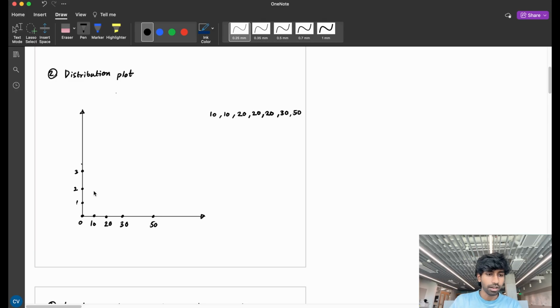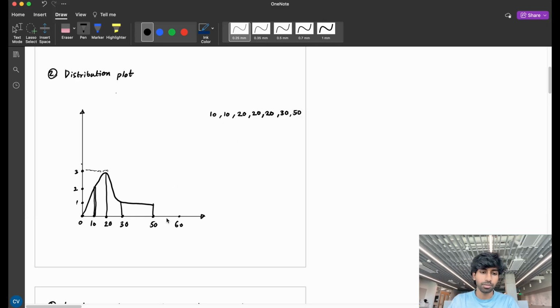And for 10 we have 2, and for 20 we have 3, and for 30 it's just 1, and for 50 it's again 1. So if we start drawing the plot, and also consider we have 60 as a labeling point, though we don't really have it in the series.